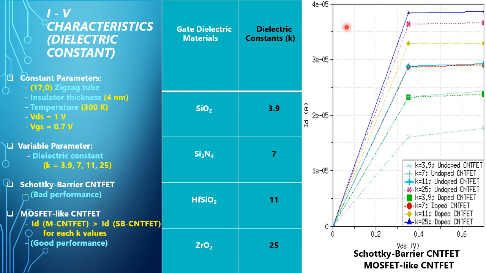Yes, that proves that the MOSFET like CNT FET is the perfect candidate to replace the Schottky barrier CNT FET.